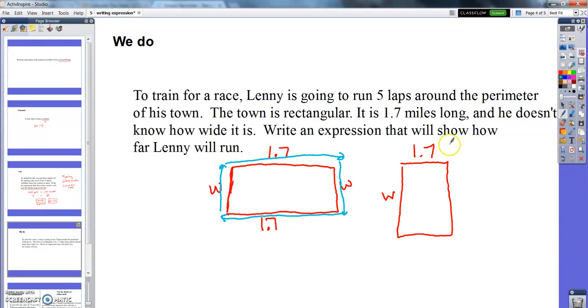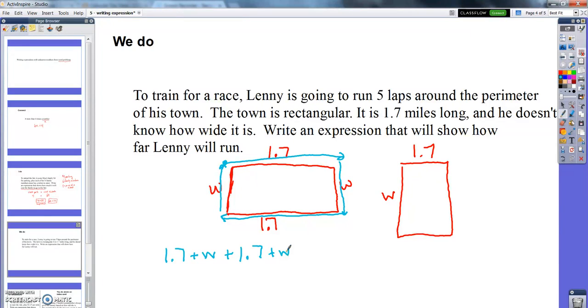So the way I would write this expression is I would say, well, let's just say he starts here. He'll run 1 7/10 miles plus the width, I don't know it, plus 1 7/10 miles plus the width. And that's 1 lap.